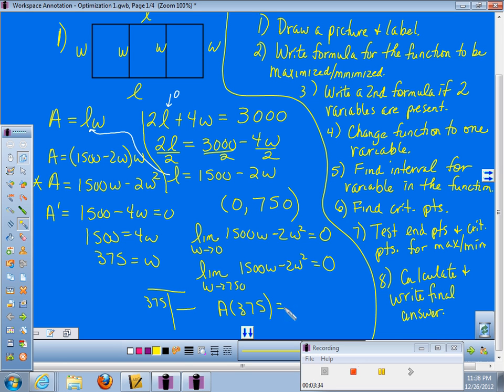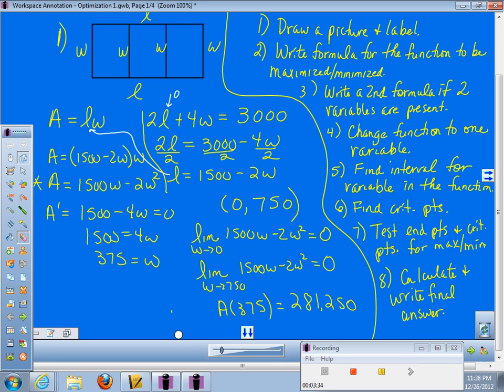You're going to sub 375 into that equation, and you are going to find out that you get 281,250. Okay, is that higher than your limits? Well, sure it is. So since it is, that means our critical point must be our optimum solution.